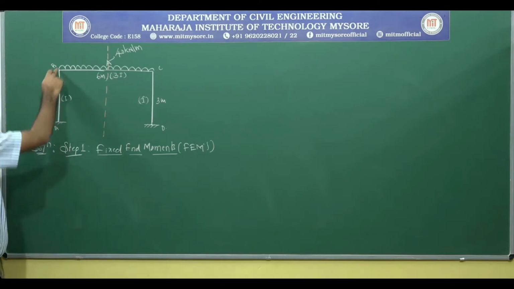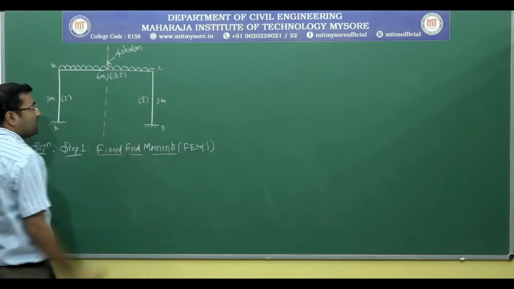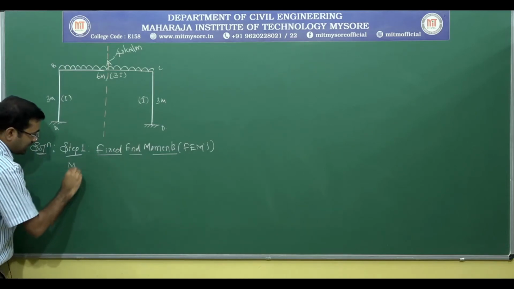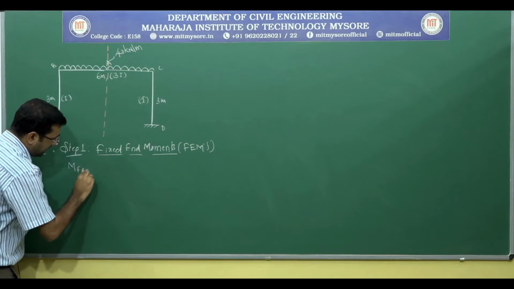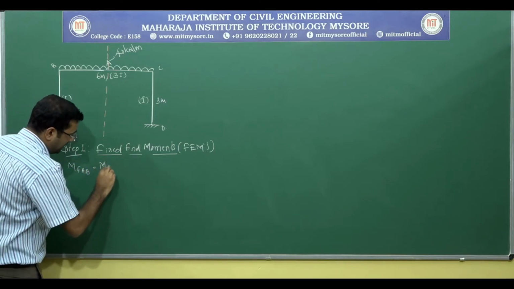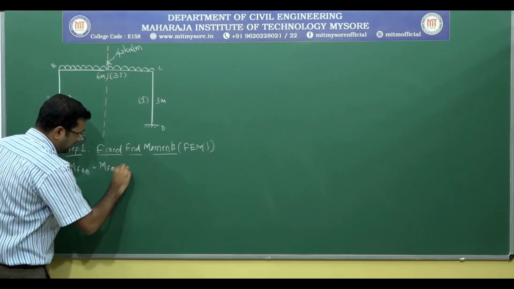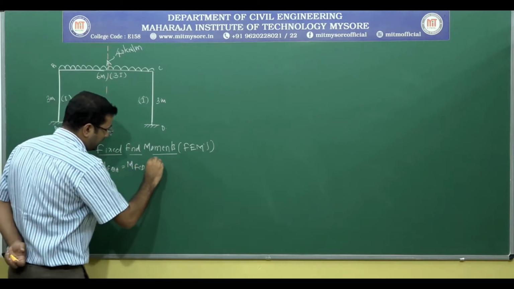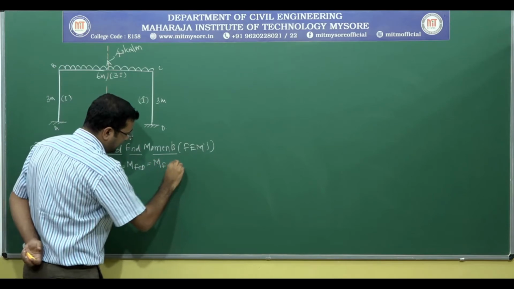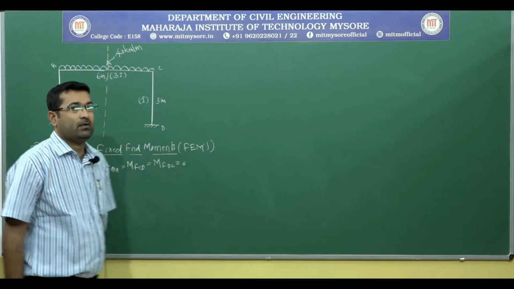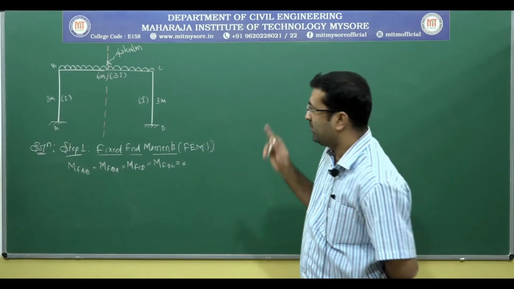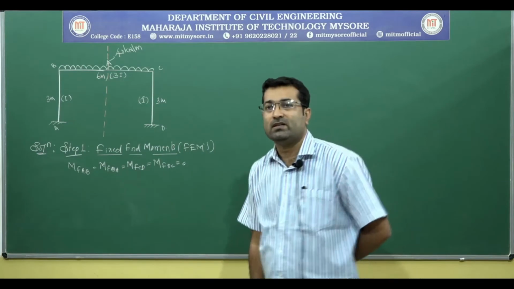Now you can see here that on member AB and on member CD there are no loads. So you can straight away write MF AB equals MF BA equals MF CD equals MF DC. All these fixed end moments are 0 as no loads are acting on member AB and member CD.